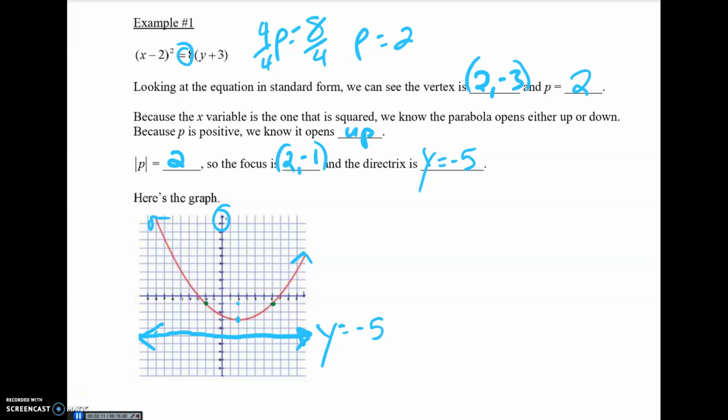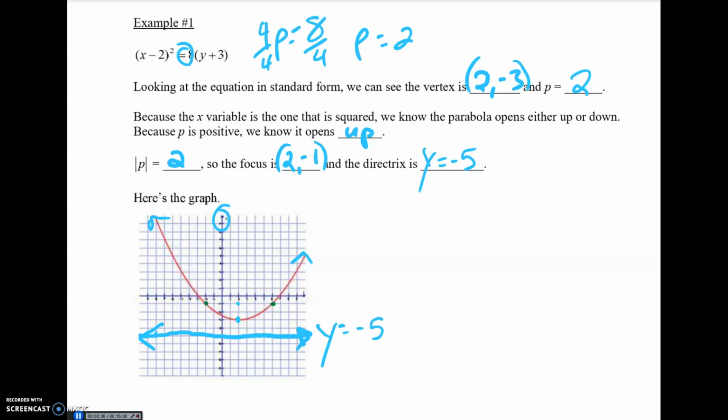A little tip for graphing, take a look at these 2 green spots here, these green points. When we graph, we want to find these 2, I'll call them easy points, but it's based on the definition. I know these 2 green points are on this parabola because these green points are equidistant, the same distance away from the focus and the directrix. That's always 2p. See, p is 2.